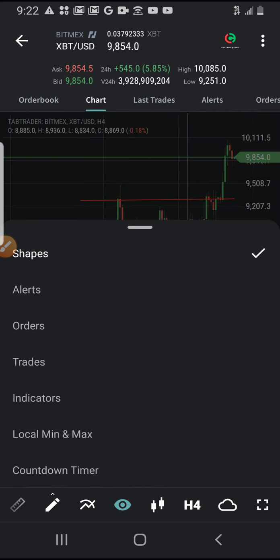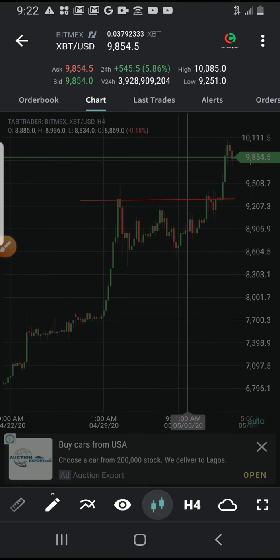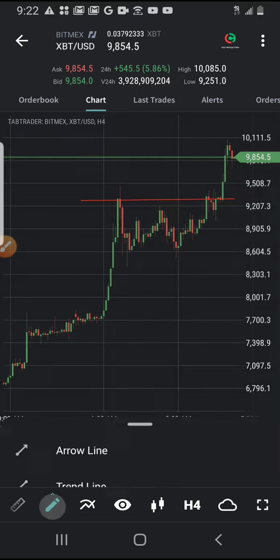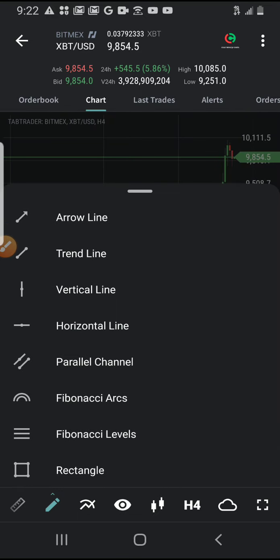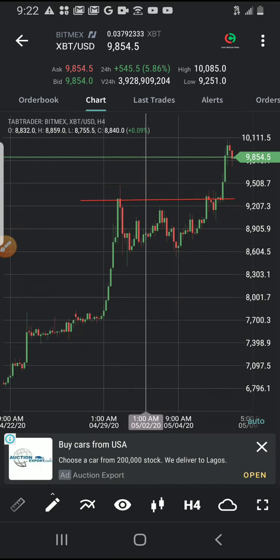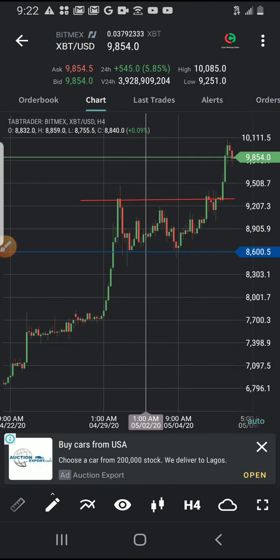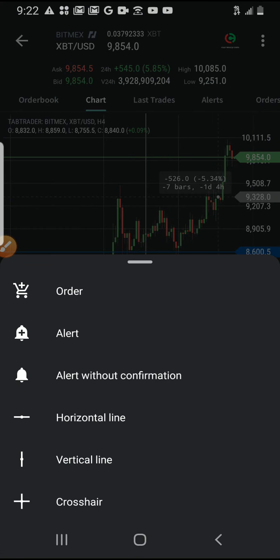Okay, let's use our hand and draw. So you see we have this here. Let's just put it as a horizontal. Let's delete this and place a new one, and we have this here.